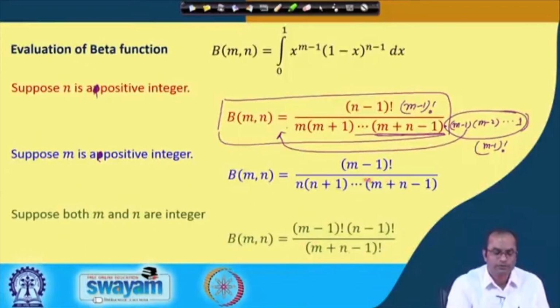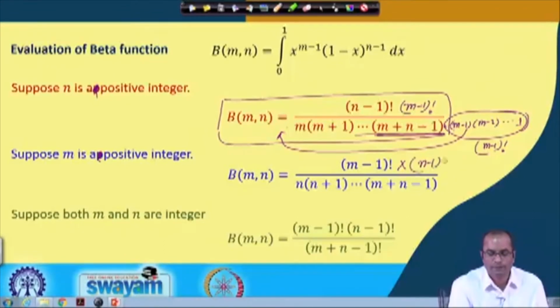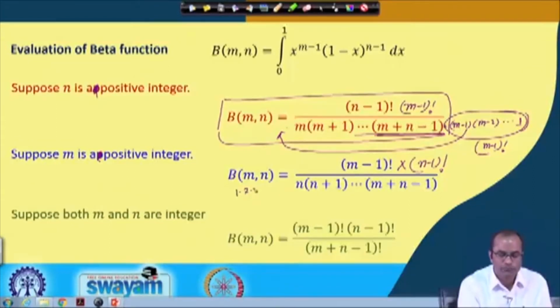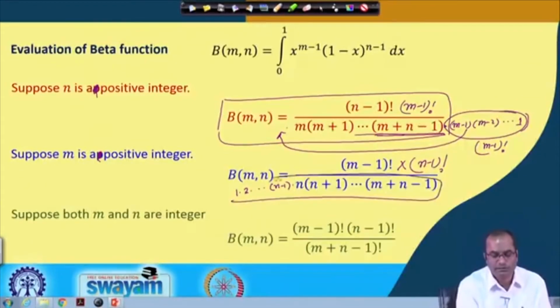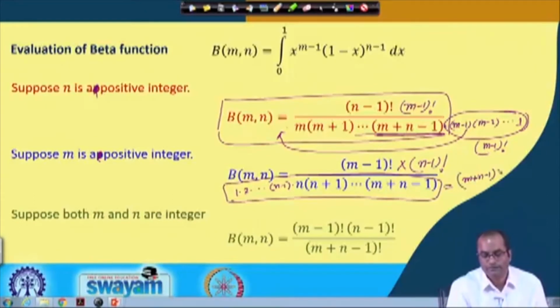Same thing we can observe if we take this formula for example. In this case we have to multiply by this n minus 1 factorial, that means 1, 2 and so on, n minus 1, and then we have n. So, this continues now to this one, and this will again become the factorial m plus n minus 1.